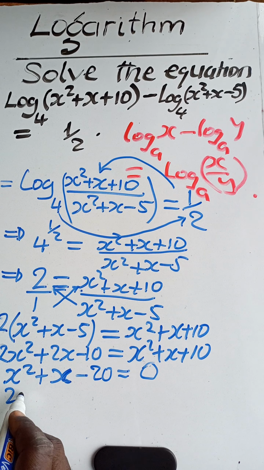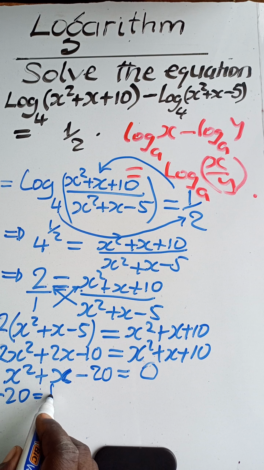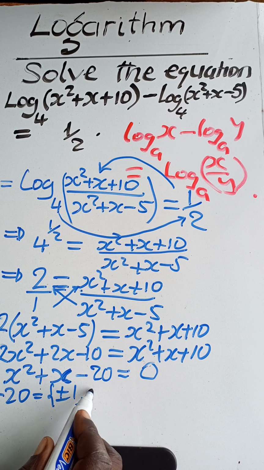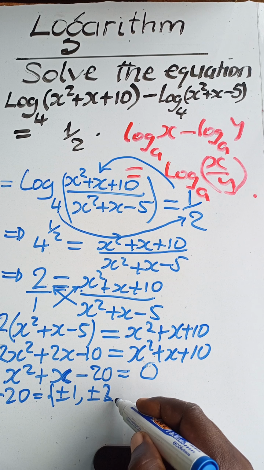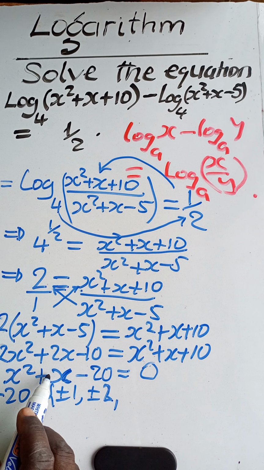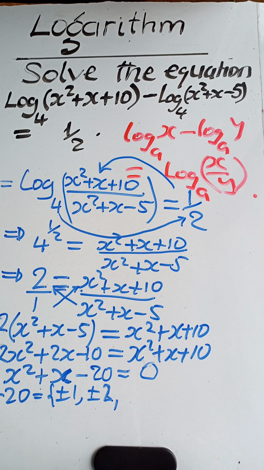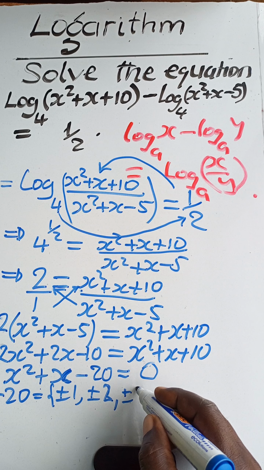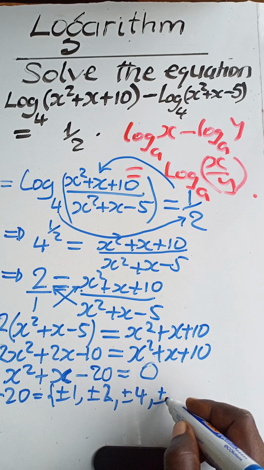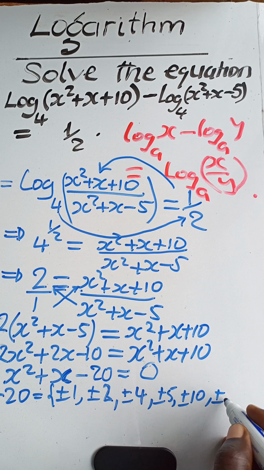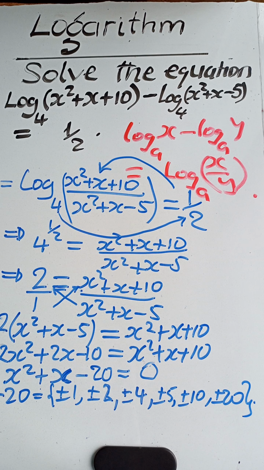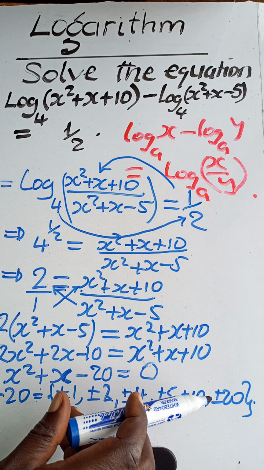So we are going to look for the factors of negative 20 whose sum will be 1 and product negative 20. These are the factors of negative 20.